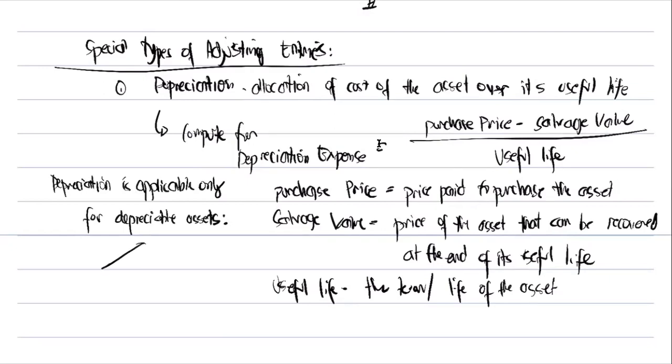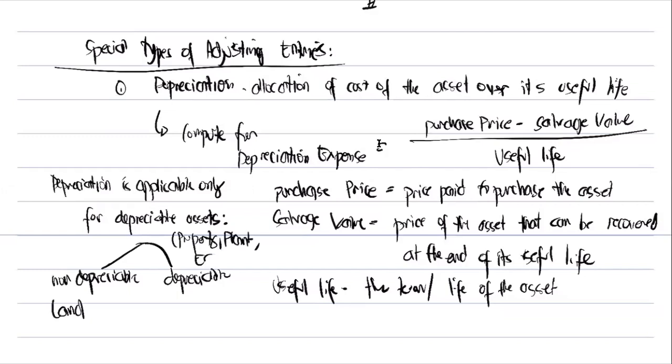So we have here non-depreciable assets and depreciable. So what is your non-depreciable asset? So the main non-depreciable asset is land. Okay. When we talk about depreciable assets, we talk about property, plant, and equipment.